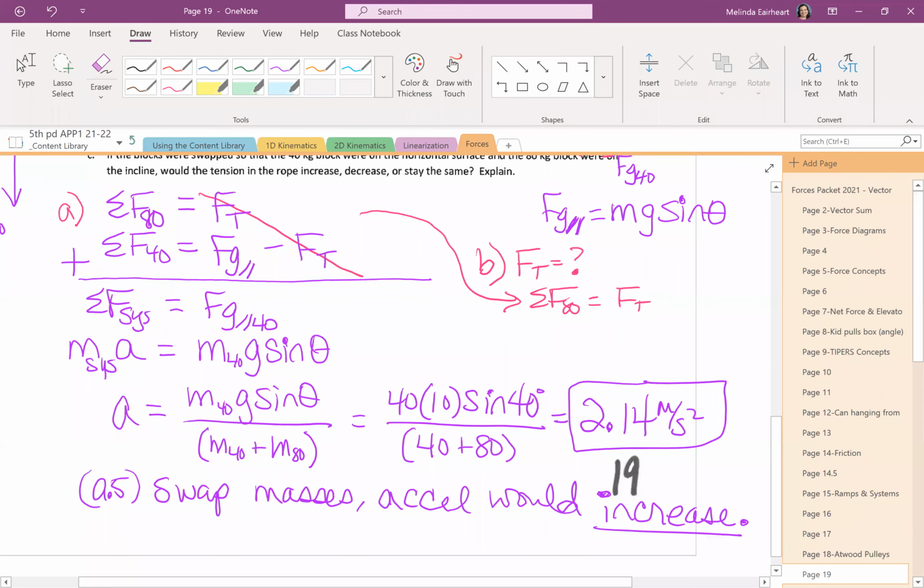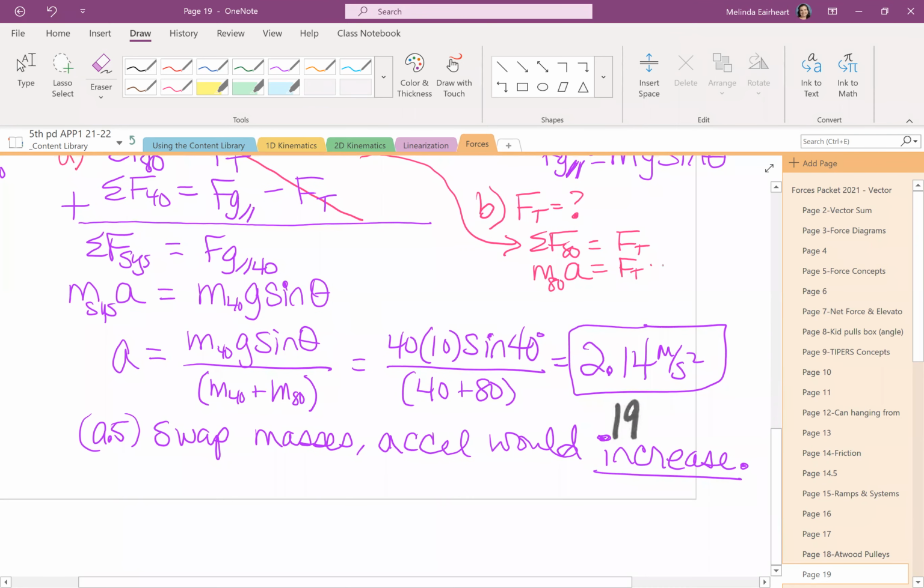F net equals MA, but which mass? I got to be consistent. Okay, subscripts are there to help you. So if we use 80 times the acceleration we just found, what do we get? Yeah. So 171 newtons. Good deal.